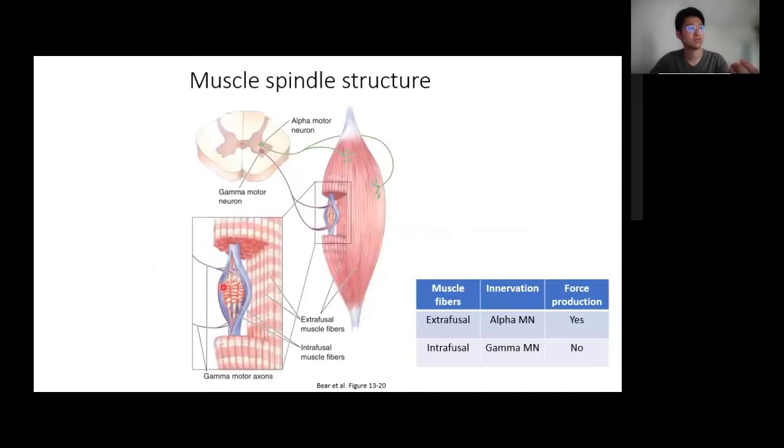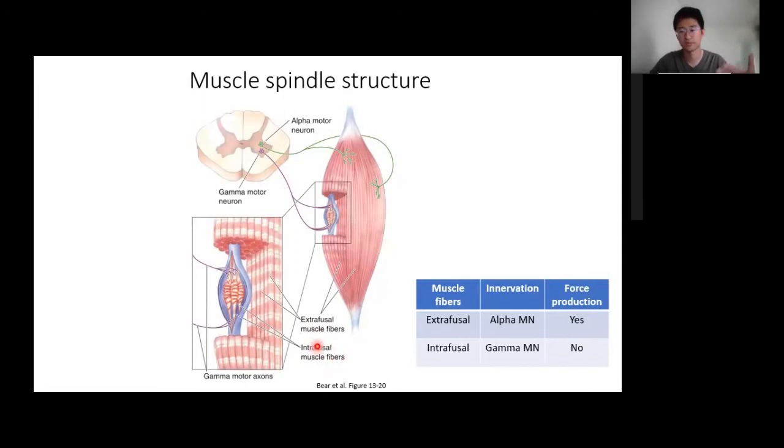So in the muscle spindles, these neurons are sensory neurons, and the muscle spindle also contains intrafusal muscle fibers. What we have talked about before are called extrafusal muscle fibers. These extrafusal muscle fibers directly generate force, but the intrafusal muscle fibers do not generate force.